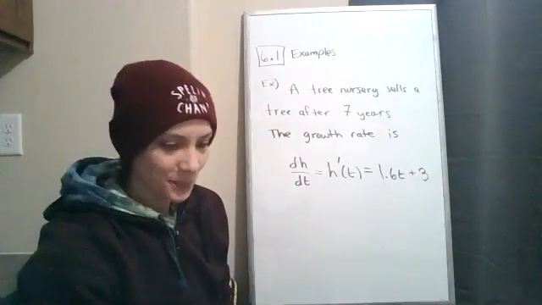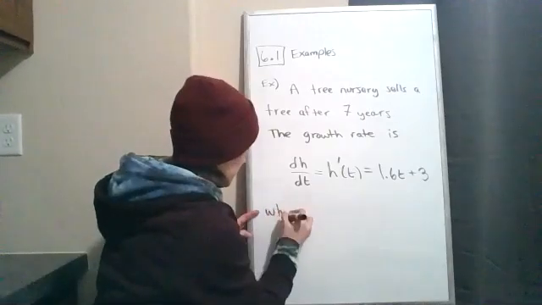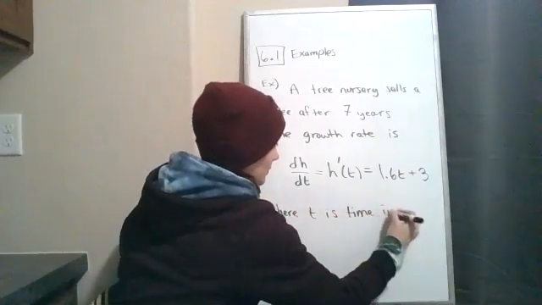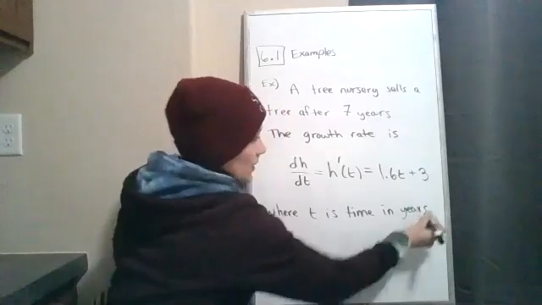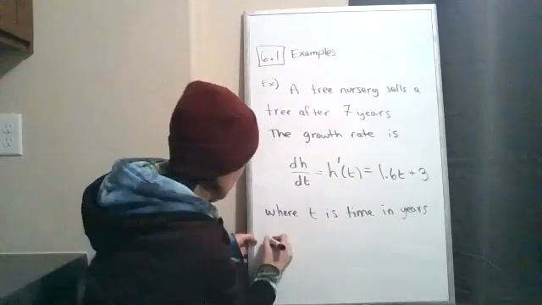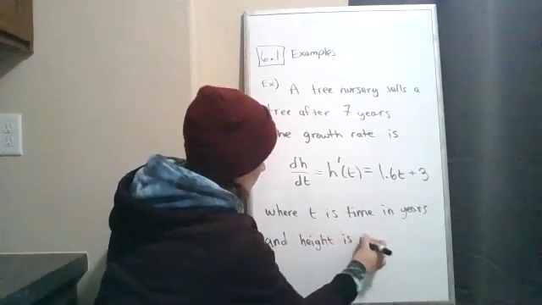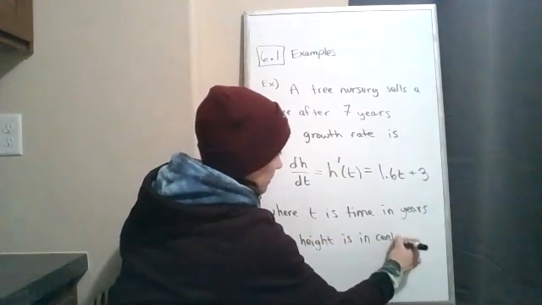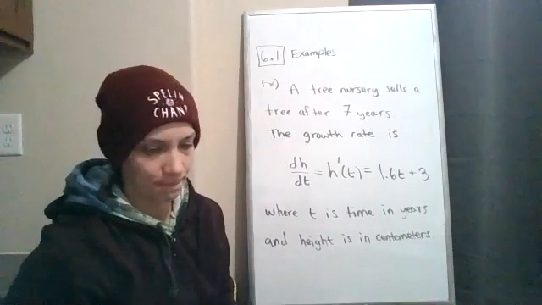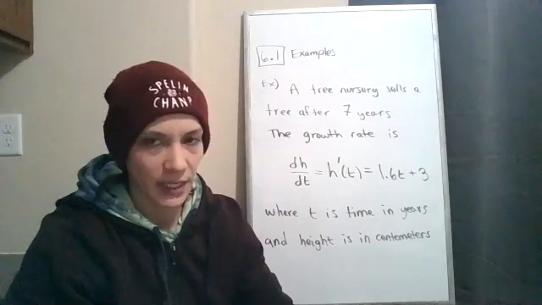T is time in years, and height is in centimeters. The trees are 14 centimeters tall when planted.